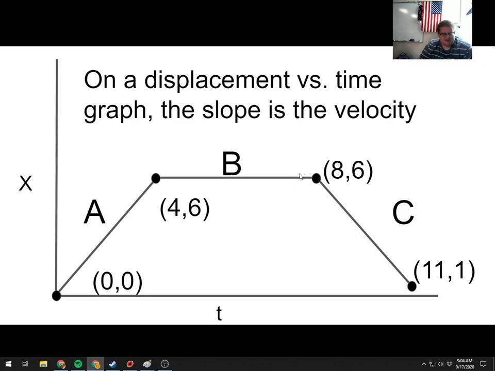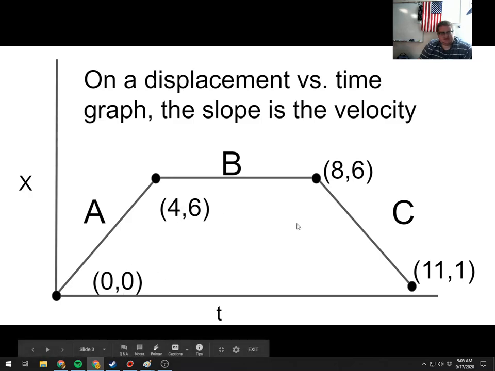And you can do the math and you'll get that, because you would have 6 minus 6 divided by 8 minus 4, which is 0 divided by 4. Likewise, you can find the slope here. You can already see immediately that the slope, which is the velocity, is negative, which means the velocity here is negative. Where the slope is positive, the velocity is going to be positive. And you can find the actual number by just doing 6 minus 0 divided by 4 minus 0.